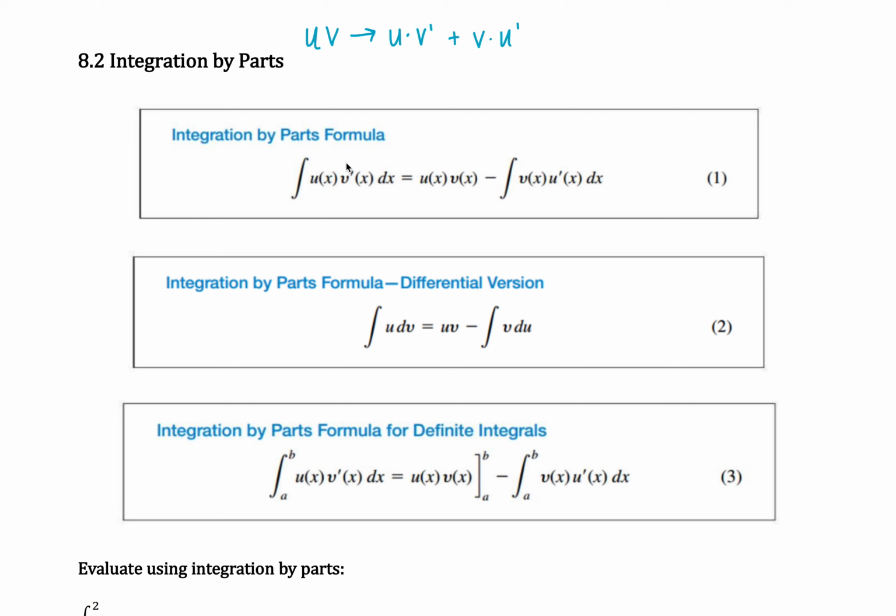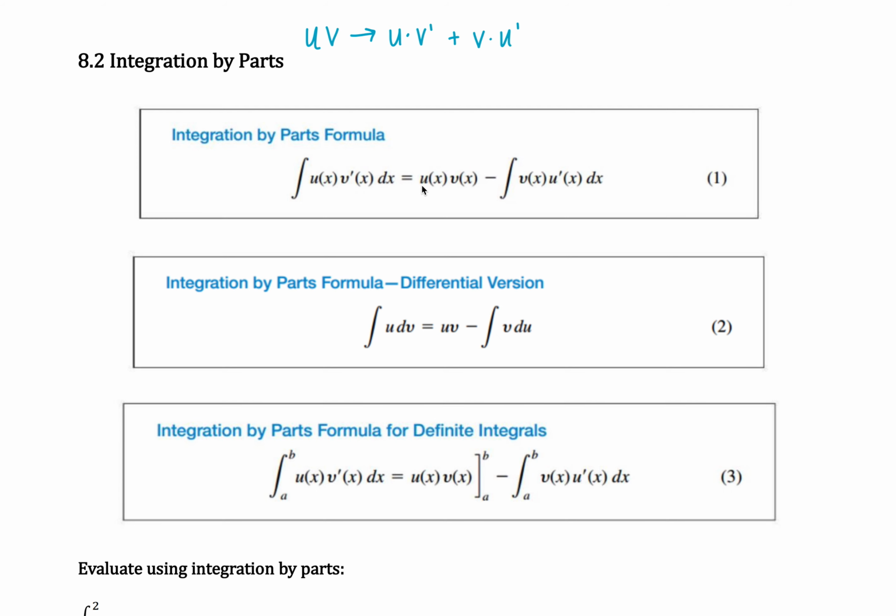Okay, so there's going to be some similarities here. Integration by parts can be written out in a couple different ways. I've got two different ways that you could represent it. The first one's basically written in function form. You've got the integral of u of x times v prime of x dx.